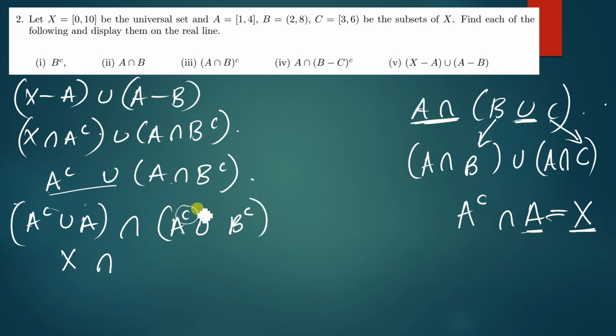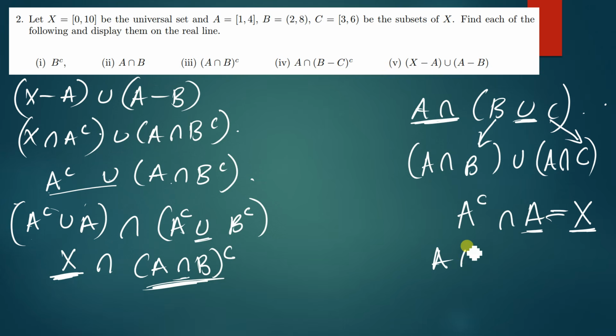We can factor out the complement there so that it becomes A intersection B, and then the complement goes outside. But make sure that you change the sign here. Okay, but X, which is the universal set, intersection any set. Remember what I said?